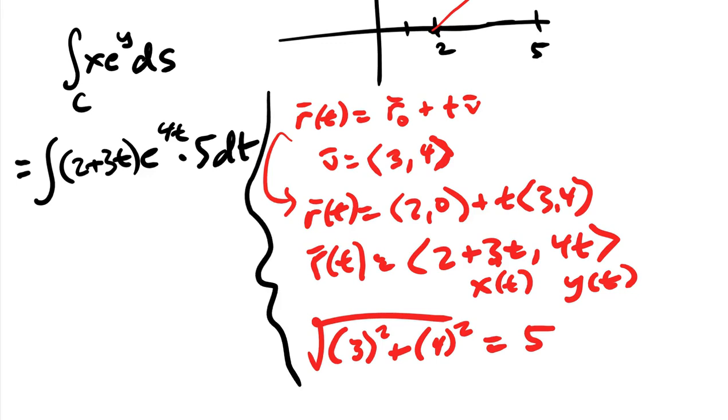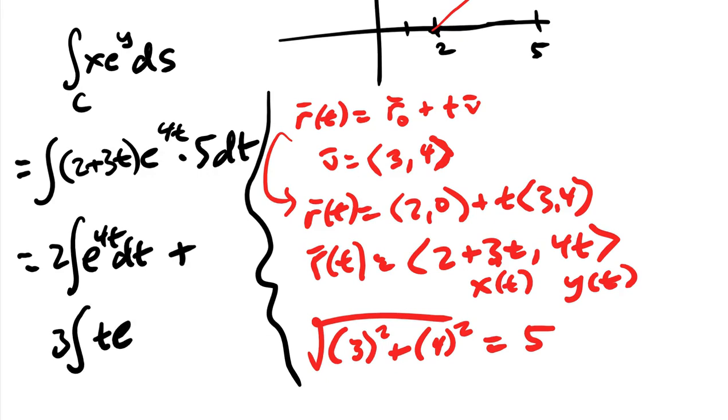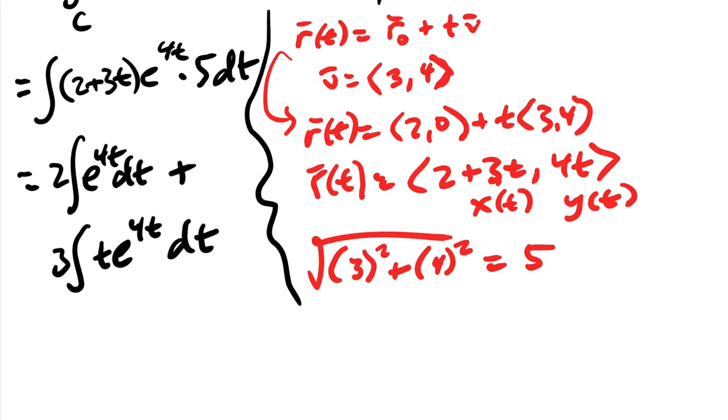Alrighty, so I'm not going to solve this, but what you could do when you finish it is 2 integral e to the 4t, which is pretty simple, dt, plus it looks like 3 integral t e to the 4t dt. This one here is by parts, looks like.